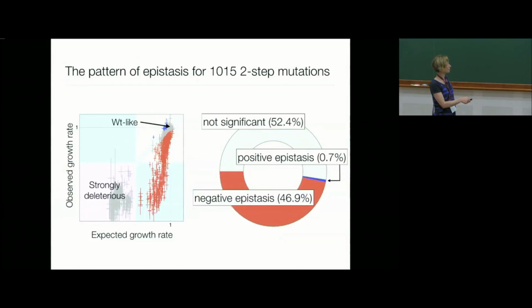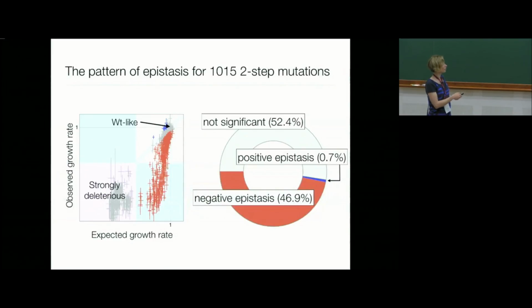These are the very strongly deleterious mutations, where we also don't have a lot of confidence in the measurements. But still, if you restrict yourself to these areas, you can see that there is a lot of negative epistasis, meaning that the double mutations are doing much worse in terms of growth rate than we would expect if there was no epistasis.